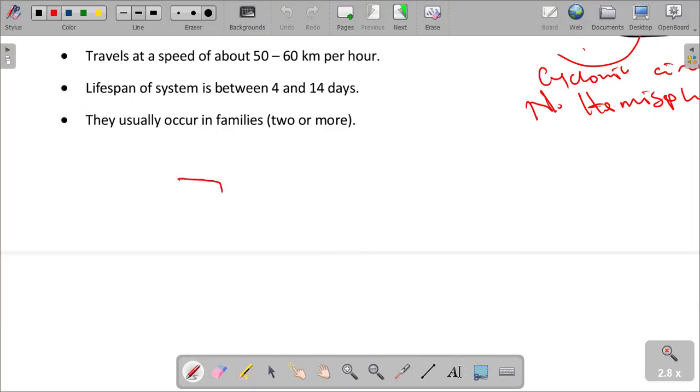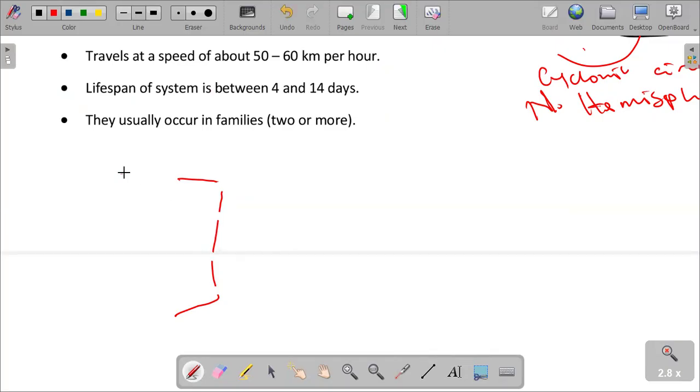So we have got something like this, and I can break it into small parts. These are just arrows that I want to show you. How is this cyclone occurring?